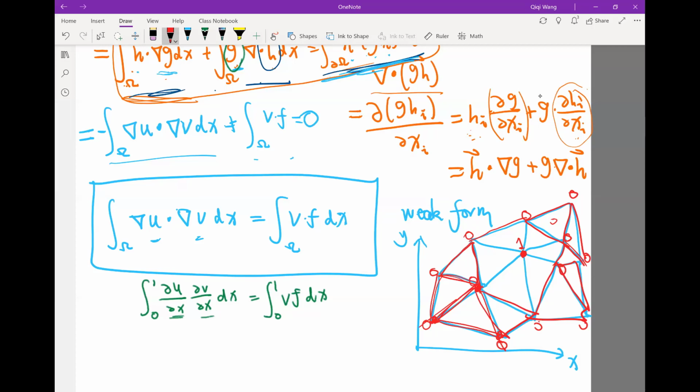Now let's draw what the function looks like in this element. Here the value has to be 1 and the function has to be linear, which means the contour lines have to be like that, right? It's equal to 1 here, and it is actually a constant linear slope. It's like one side of a pyramid, if you think about it, right?